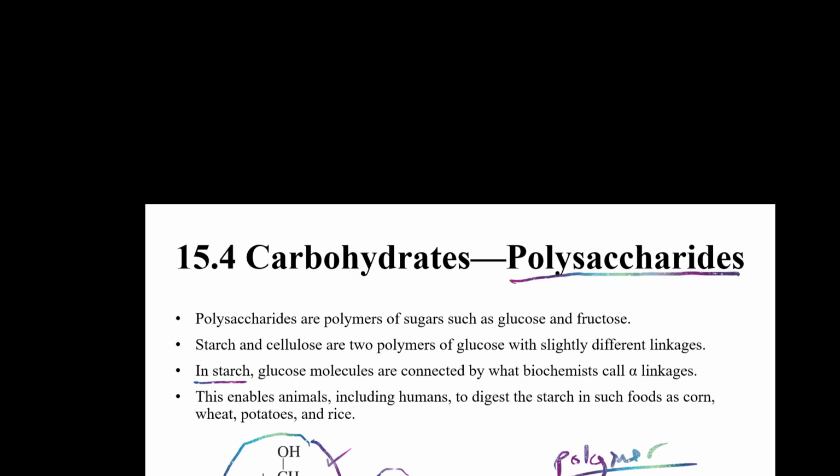All right, and so you've heard maybe starch changes to sugar, or we break it down. Absolutely. So starch, this linkage between each glucose is called an alpha linkage. And if it's an alpha linkage, then we have a starch. And you can think of cornstarch, potato starch, you can think of rice, wheat, so forth.